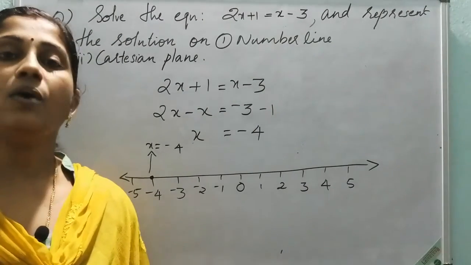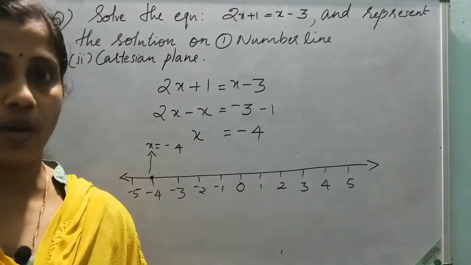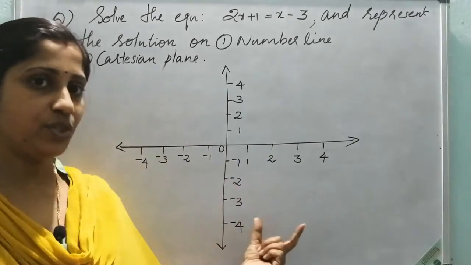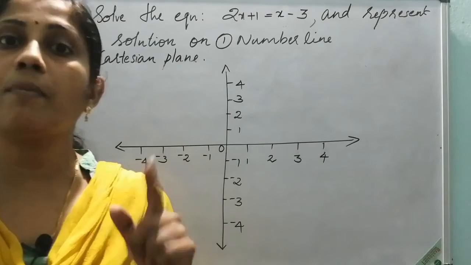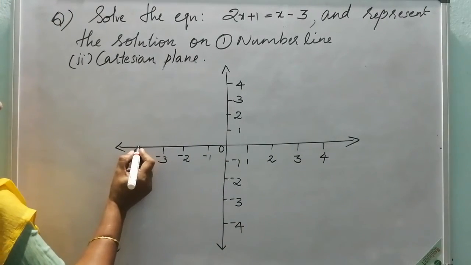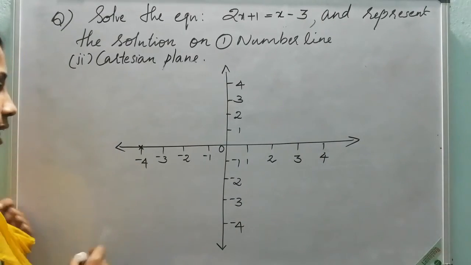Now we can look at how to mark it on the Cartesian plane. Cartesian plane means the xy plane. Here we draw the graph. Then we have to mark x is equal to minus 4. Only one point is specified here, so how will you draw that?